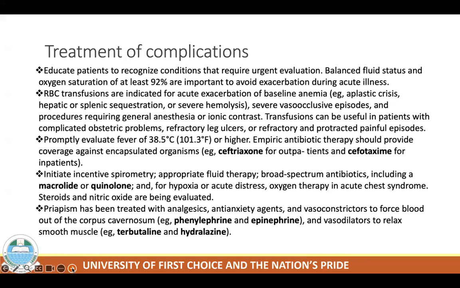Red blood cell transfusions are indicated for acute exacerbation of baseline anemia in these conditions, severe occlusive episodes, and procedures requiring general anesthesia or ionic contrast media. Transfusions can be used in patients with complicated obstetric problems. That's patients with complicated childbirth, right? Refractory leg ulcers or refractory and protracted painful episodes, right?